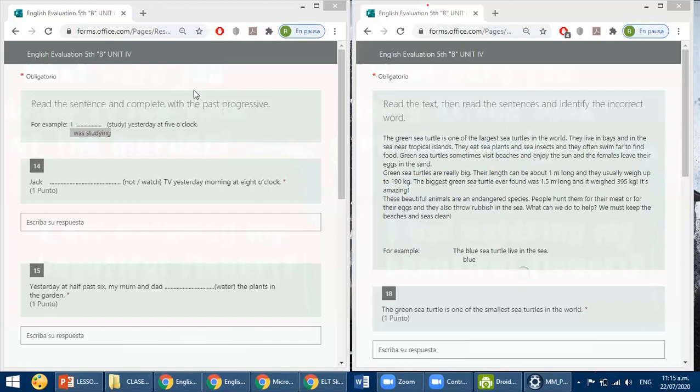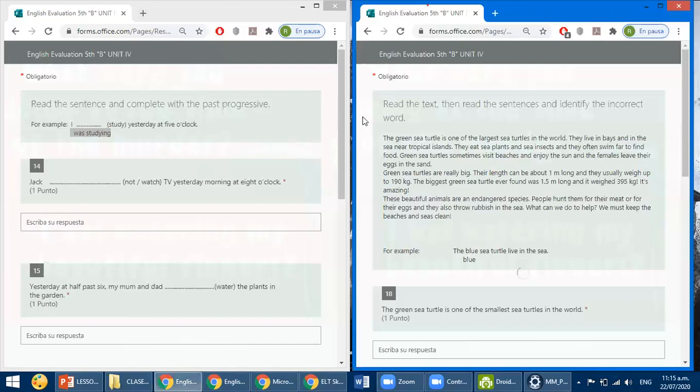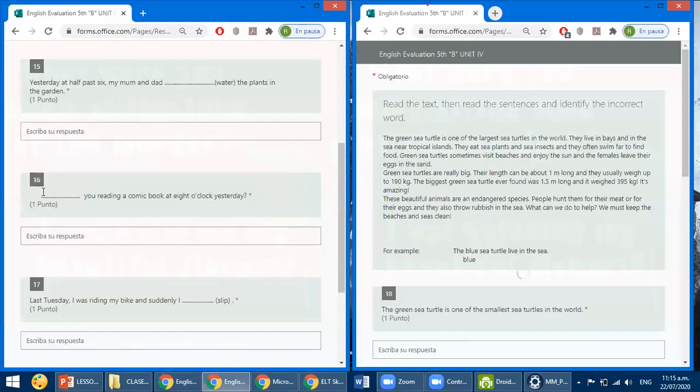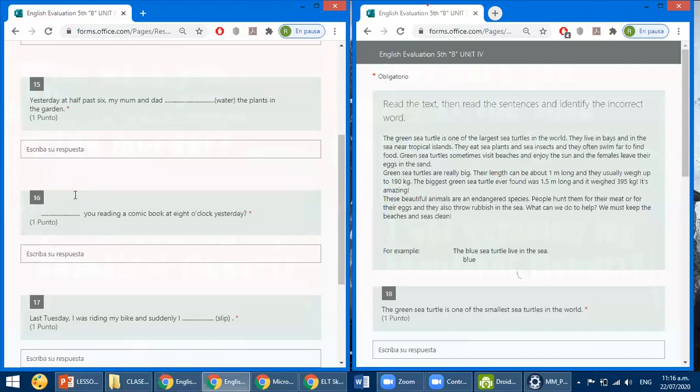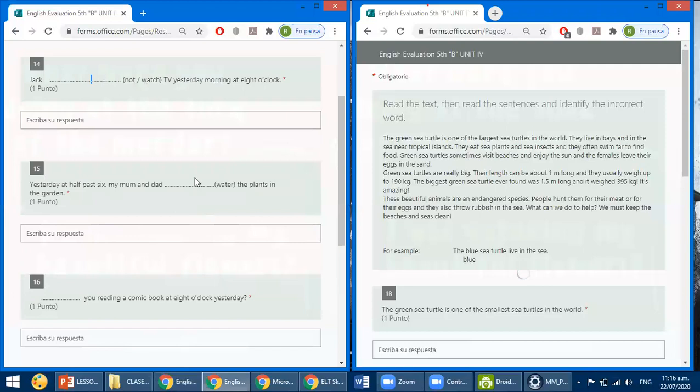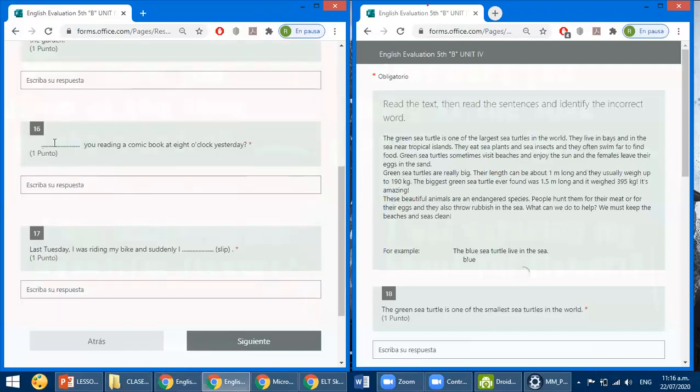Profesor, ¿me escucha? Yes. Profesor, ¿cómo vamos a hacer en la 16? 16. Yeah, the 16, look. Está iniciando la oración. Entonces inicio con mayúscula. Okay, but you need to pay attention. This is in the middle, and this is the beginning.